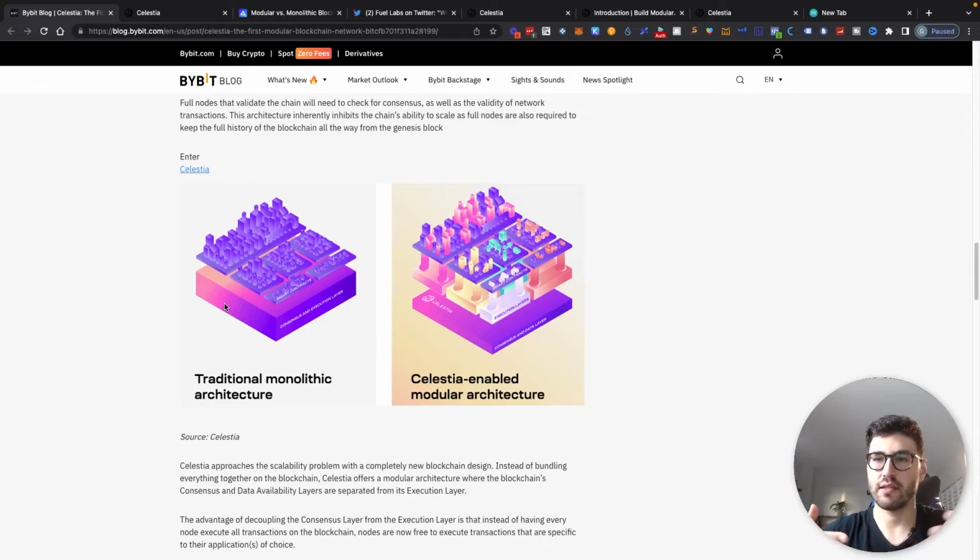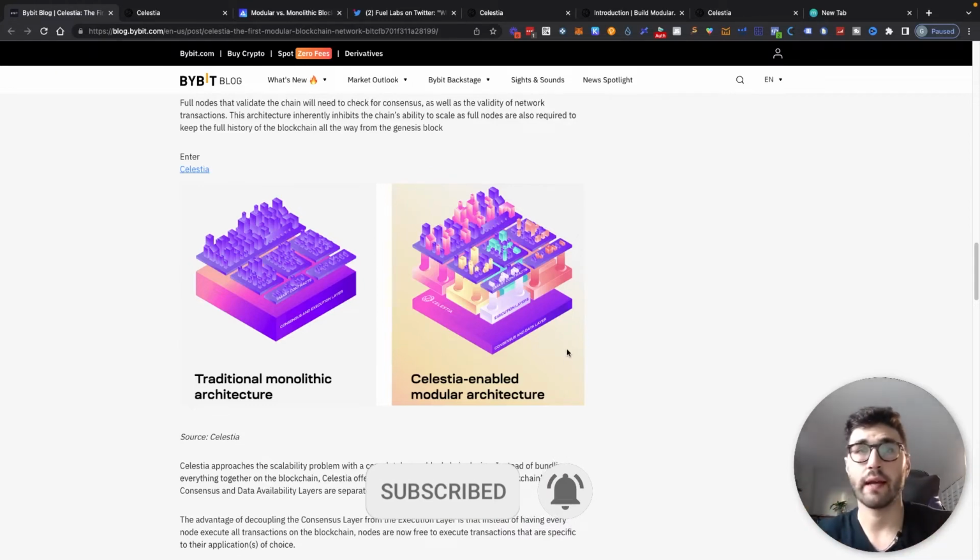And as you can see, when there's a lot of people inside that building, things can get chaotic. And let's say that you want to get out of that building. To go from one side to the other, if it's very packed, right, you can get congested. And that's why the majority of monolithic blockchains are difficult to scale, right?